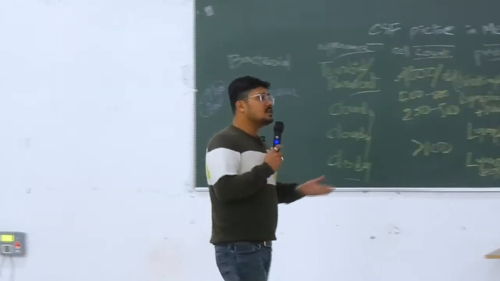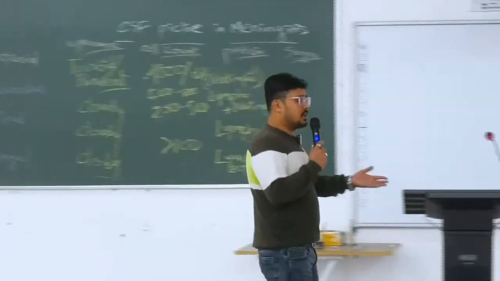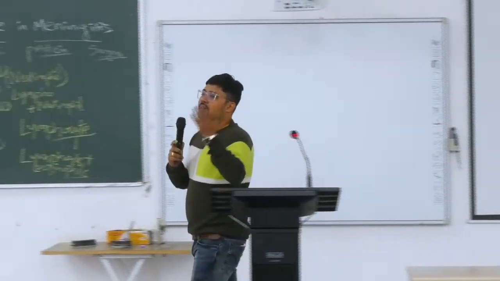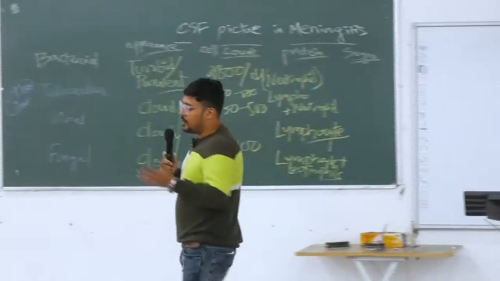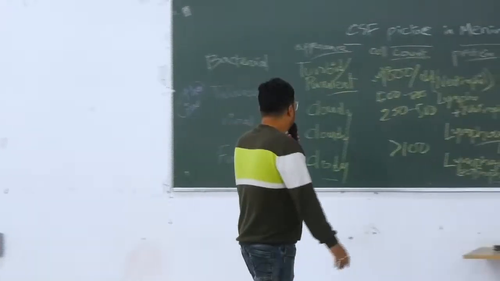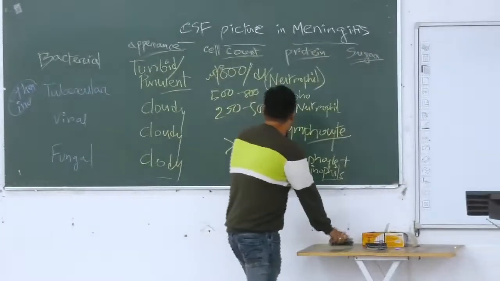In tubercular meningitis, it is a mixed population of lymphocytes and neutrophils. And in fungal meningitis, lymphocytes and eosinophils. So, the cell count portion is over.